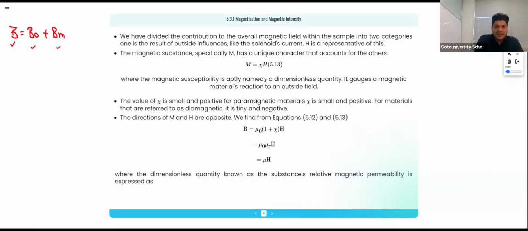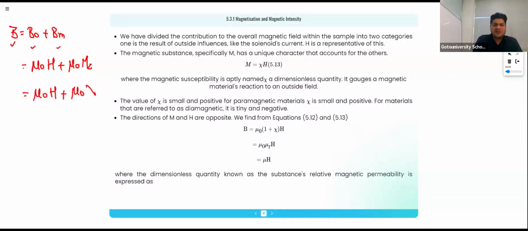If you see, this will be equal to mu naught H plus mu naught mz. You can write it as m also, but it is magnetization now, so I'm writing it as mz. So here it will be equal to mu naught H plus mu naught mz. What is mz?